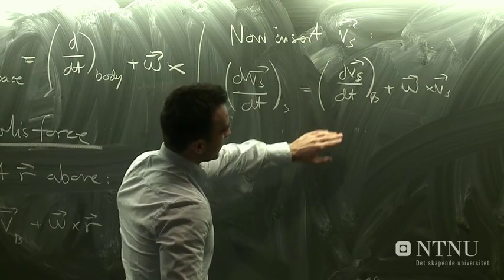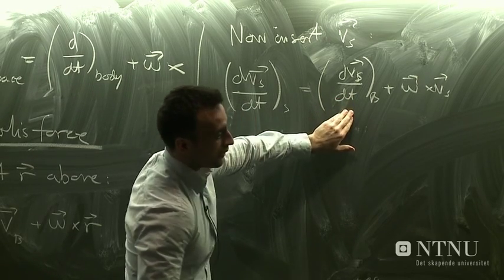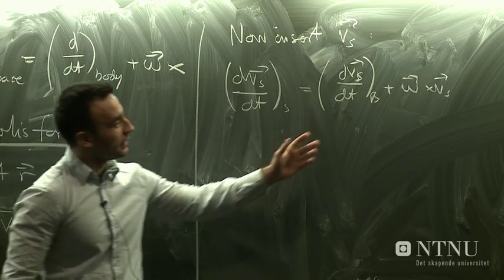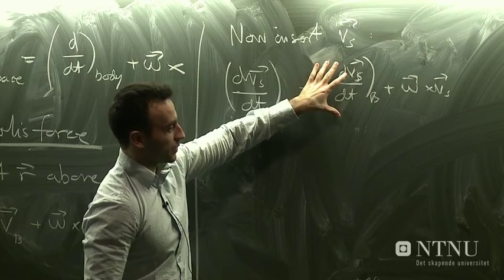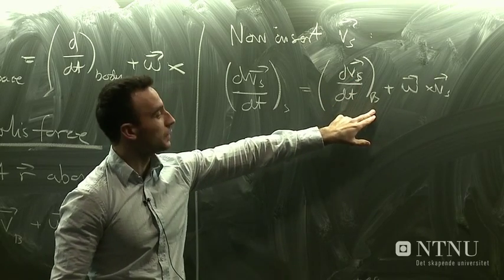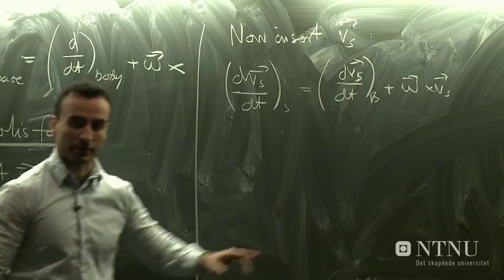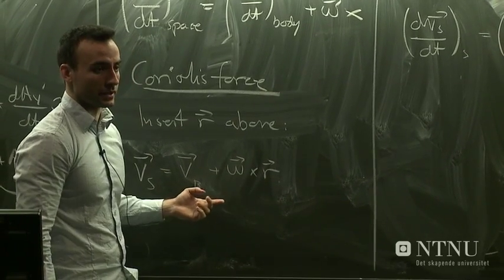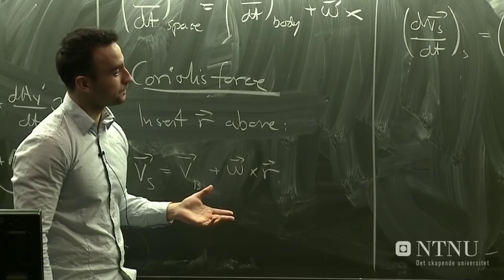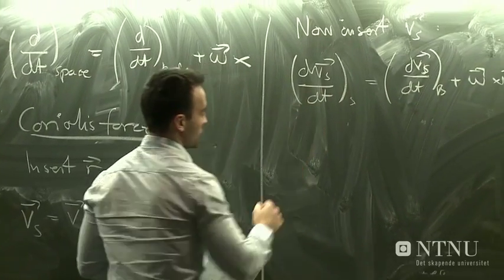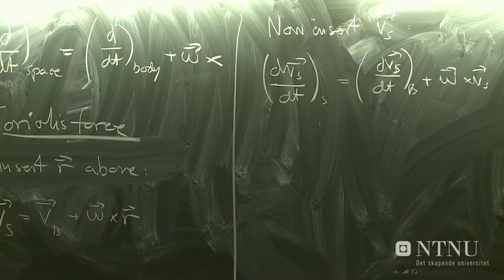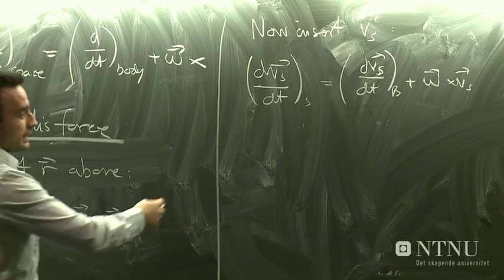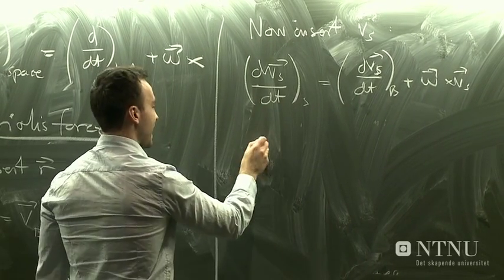Now, to evaluate the time derivative of the velocity as seen in the fixed system, and then to take this quantity as seen in the body system, we have to express this velocity in terms of these vectors, which are seen in the rotating system. So the first term here is just the acceleration as seen in the fixed system. It's just dv dt in the same system. So we get As.